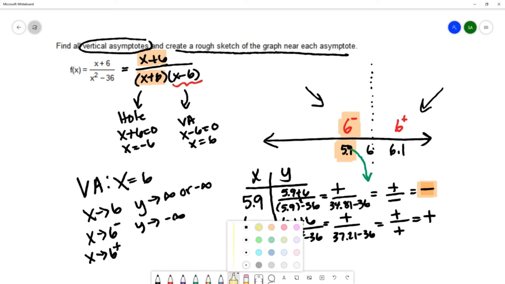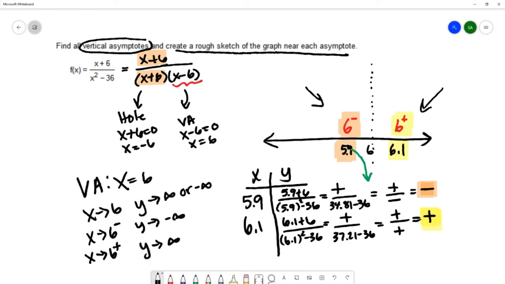Remember, I chose 6.1 to be above 6. That plus indicates that I'm going to go to positive infinity. So now I know that y is approaching infinity from above, and when I sketch, I'm going to draw it going to positive infinity.